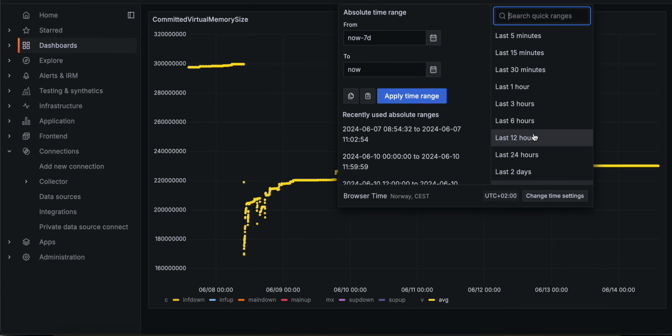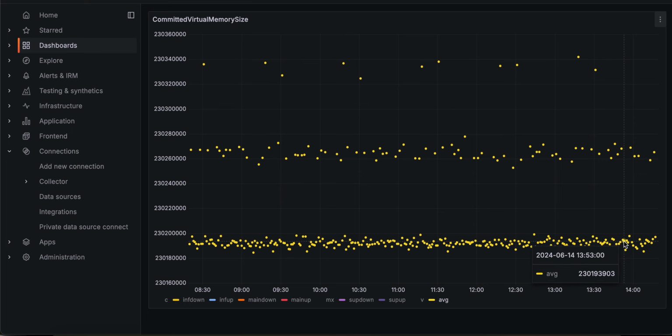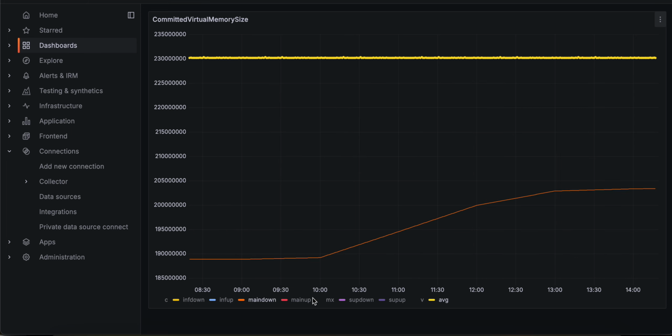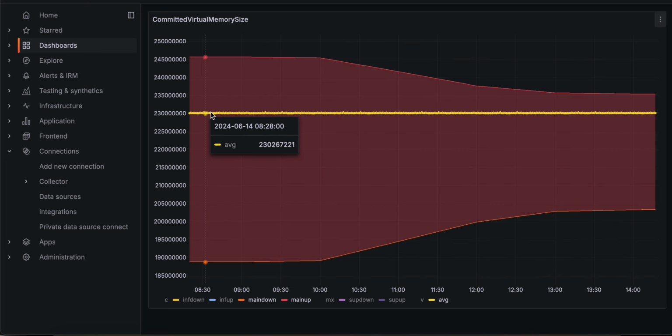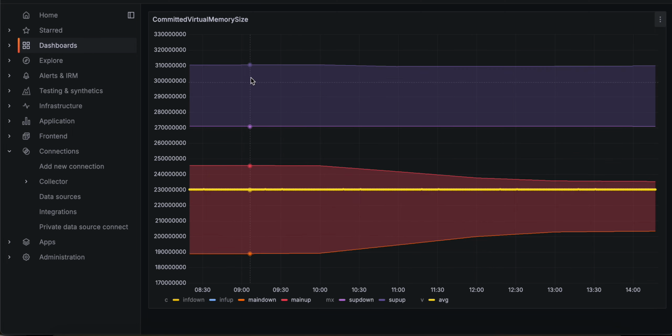So for example, if you go in the last 6 hours, this is the behavior that was in the last 6 hours that is considered completely normal. This red baseline is the main baseline. And at the same time, we see the secondary baseline that is up here. That is where the secondary behavior usually appears.